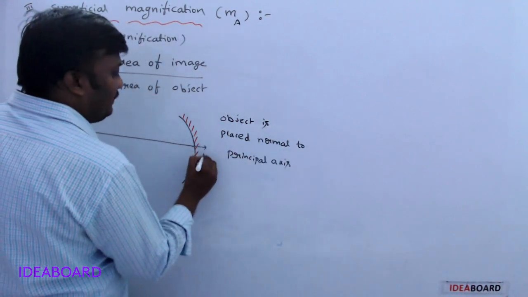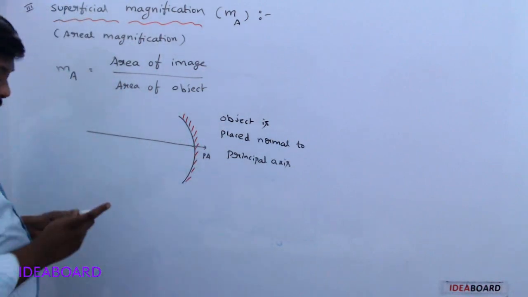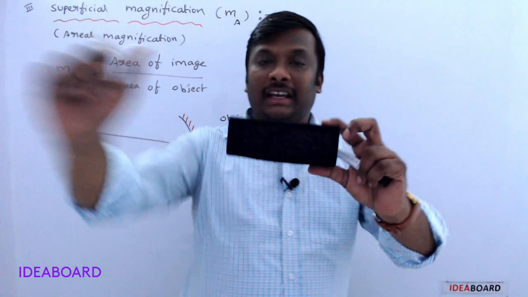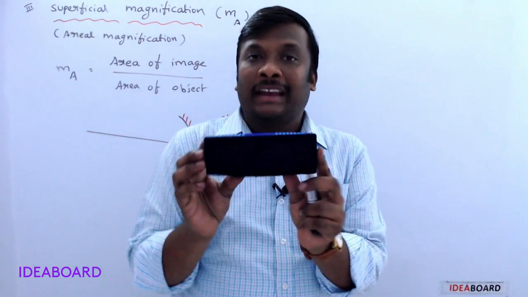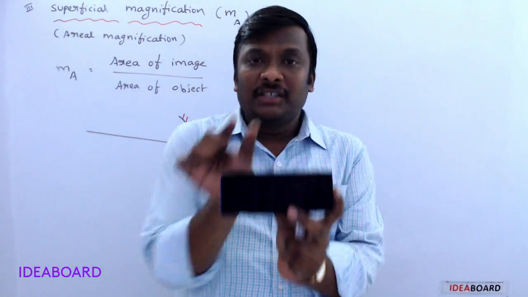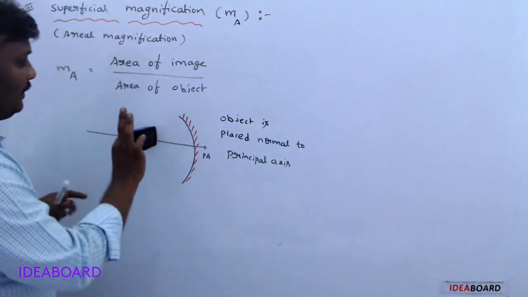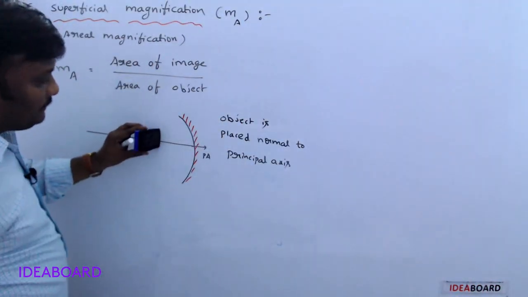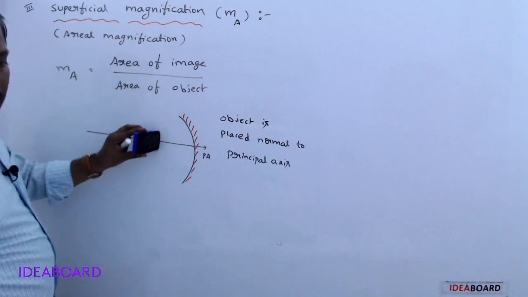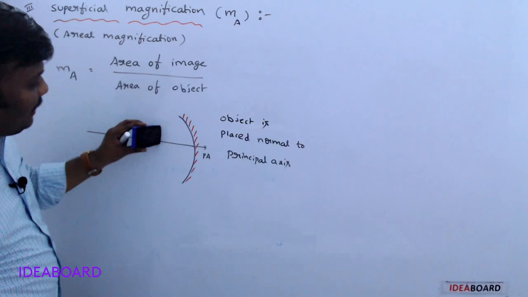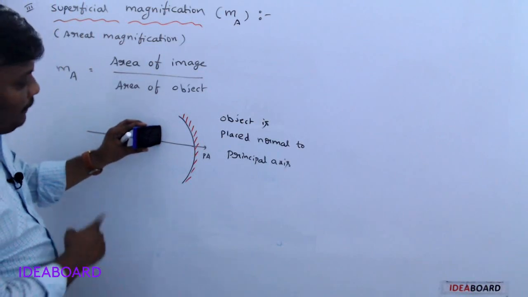Normal to the principal axis means, for example, if you take a rectangle, very small, you place it normal to the axis like this.